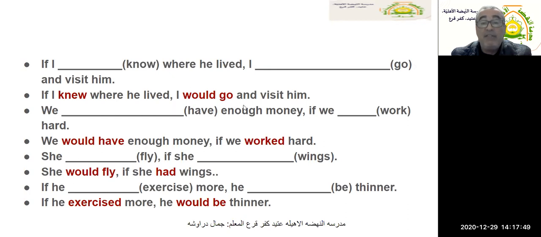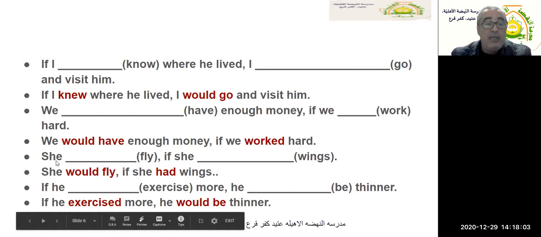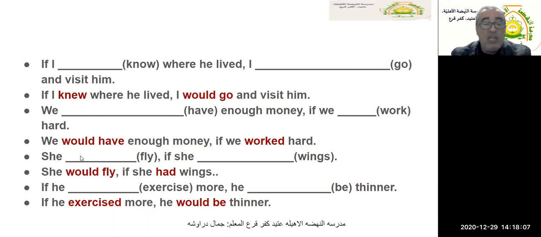We have enough money if we work hard. The second conditional: we would absolutely have enough money if we worked hard. She fly if she wings. We need the second conditional here.